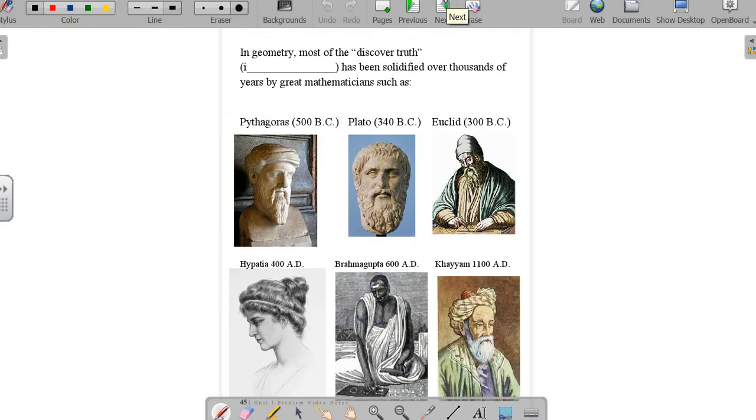What's important to understand is that in geometry, most of the discover truth process, the inductive reasoning process, has already been conducted and solidified over literally thousands of years.